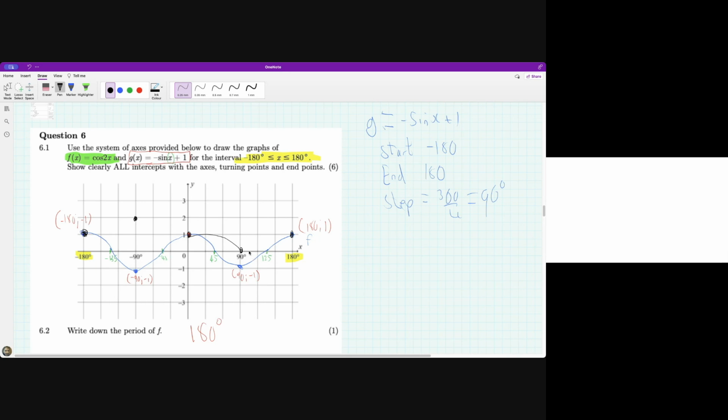Yeah, that makes sense. But then this is going to go, oh, I hope I'm drawing it right. And then this one over here, what's going on? Have I done something wrong here? What have we got? Minus 0, 1.